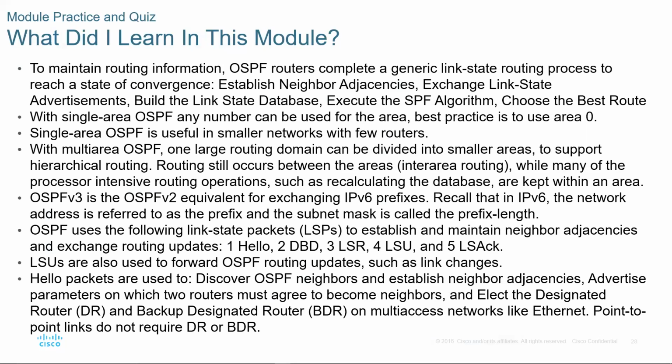Now, as I just finished saying, it's a bad idea to have only one definitive source, so we have a backup designated router. Backup designated routers only exist when there's multiple access networks, i.e. Ethernet.